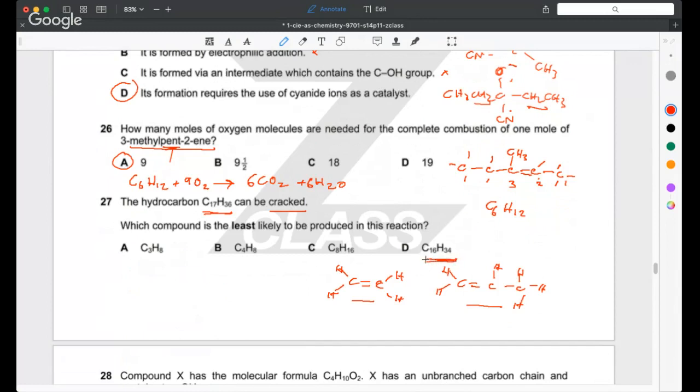So that is very unlikely to be produced in a cracking reaction because you're trying to produce a 2 carbon or a 3 carbon alkene from the parent long chain hydrocarbon over there. And here we've just knocked off 1 carbon atom, which can never be an alkene. So that's the least likely to be produced in the cracking reaction.